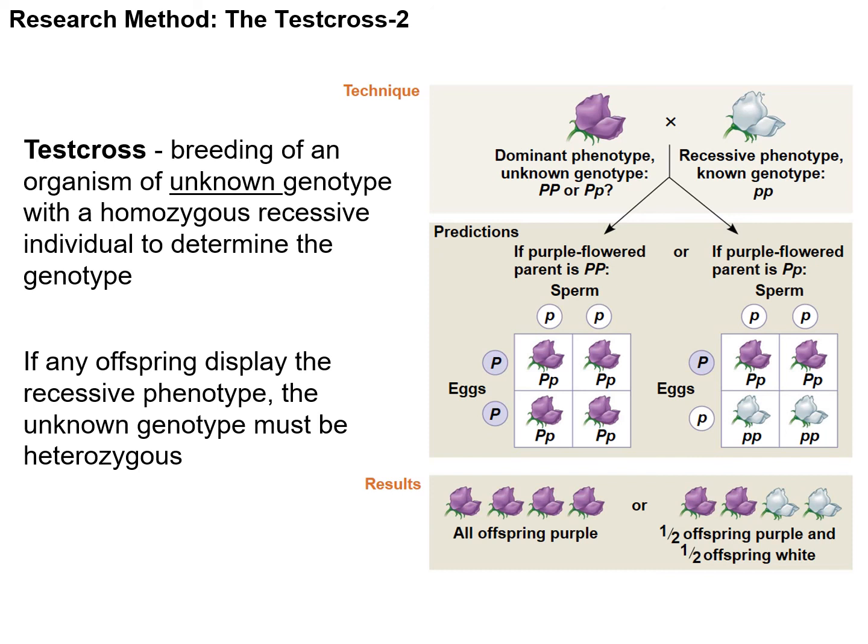The offspring of a heterozygote crossed with a homozygous recessive are expected to be 50% purple and 50% white. And in fact, even if only one white flowered plant results, then the mystery purple plant must be heterozygous. It was this same approach that enabled Mendel to determine the unknown genotype of his plants expressing the dominant trait.